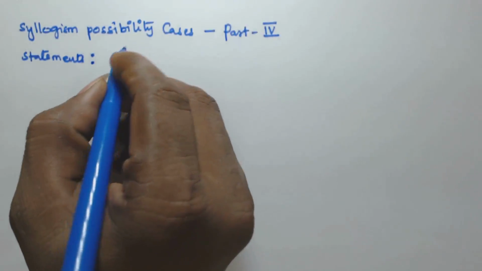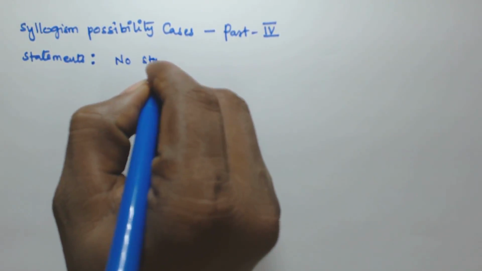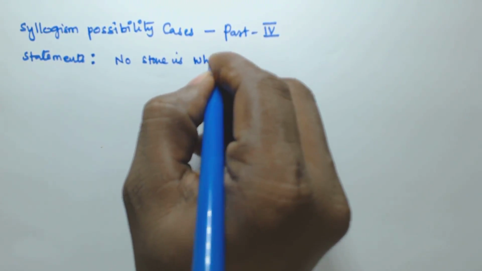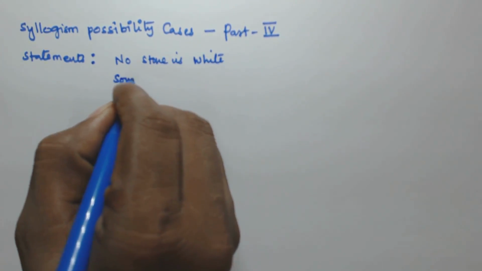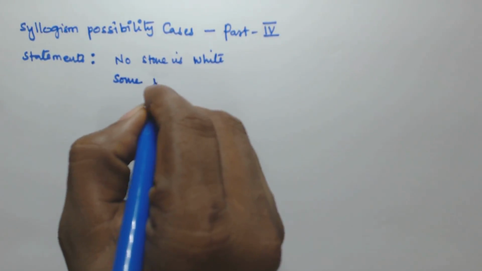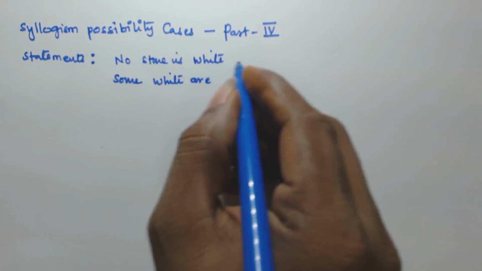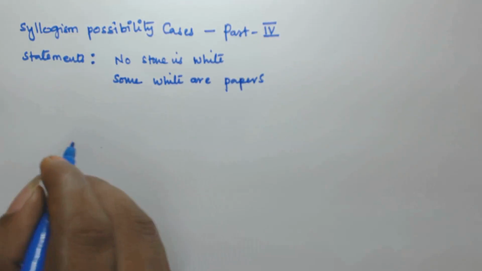the given statements are: No stone is white. And the second statement given is: Some white are papers.